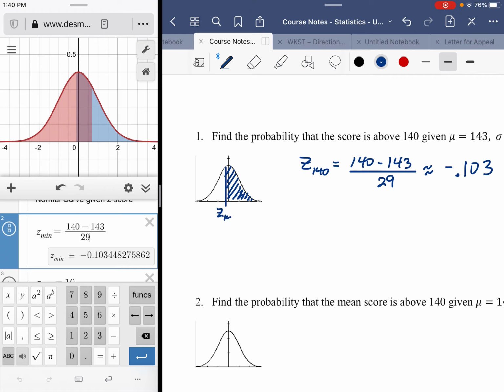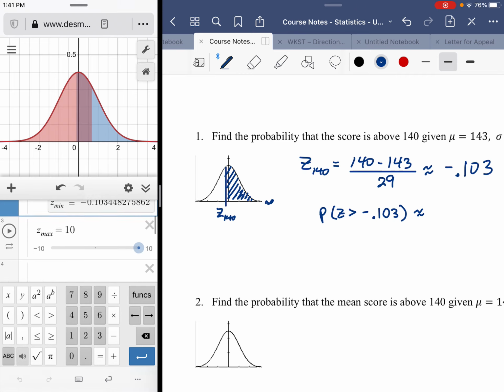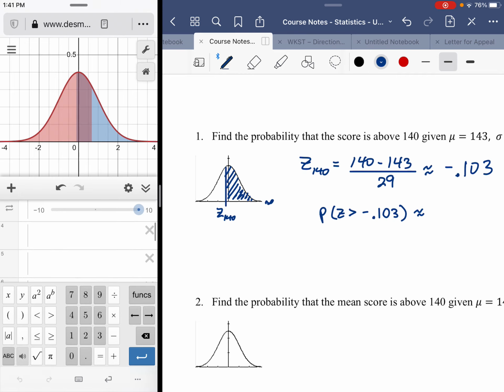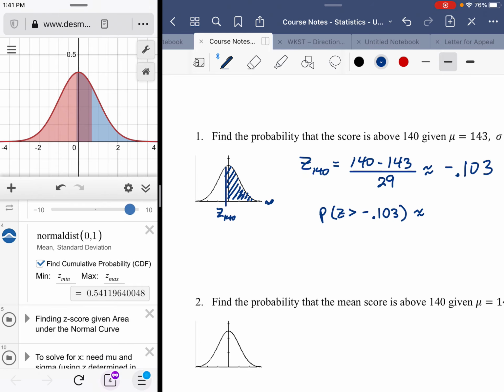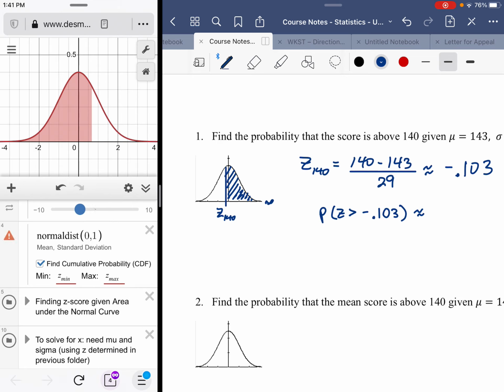All right, so z of 140, we know it's going up to infinity. The probability that z is going to be more than negative 0.103 is approximately, I have to scroll down. Now I have to verify that the probability is going to lock in the way it ought to.